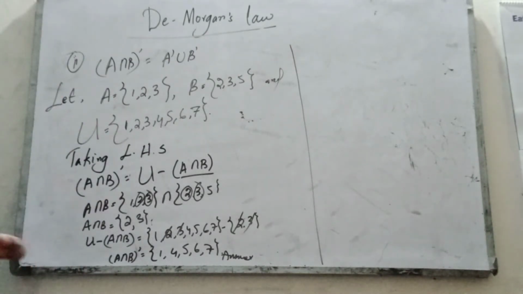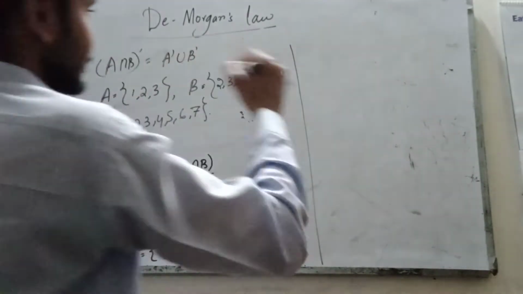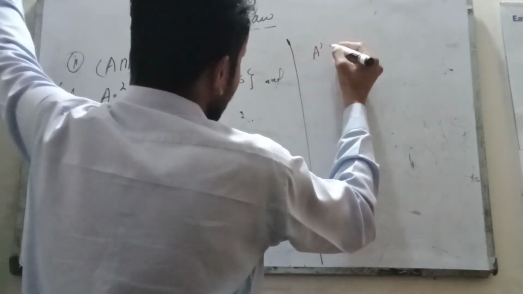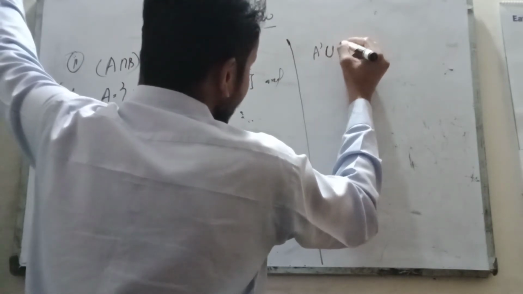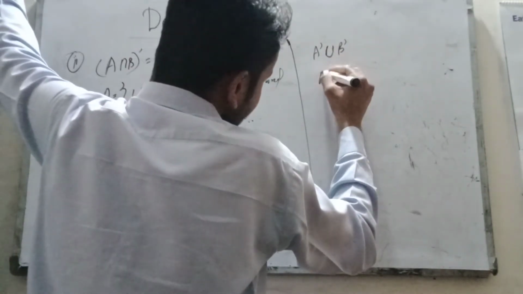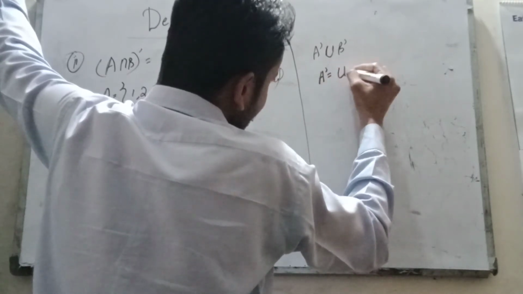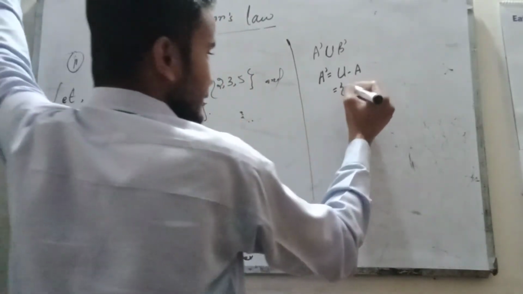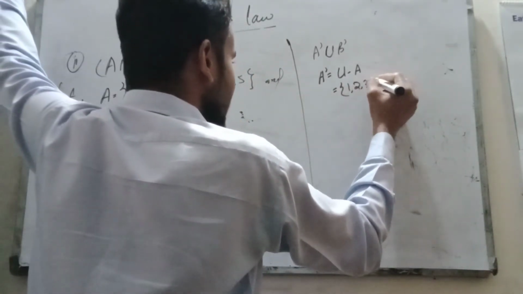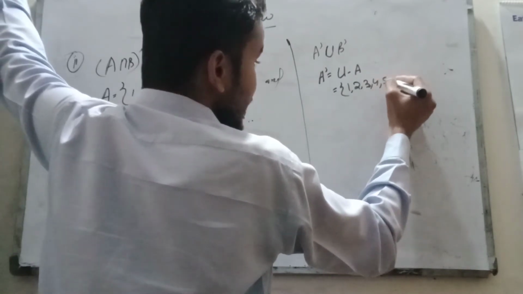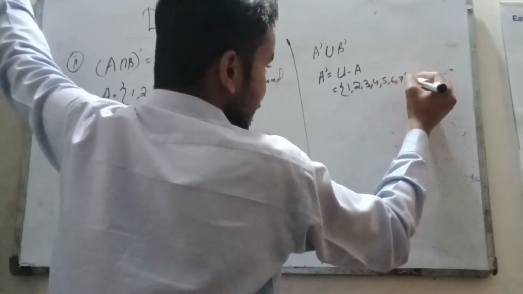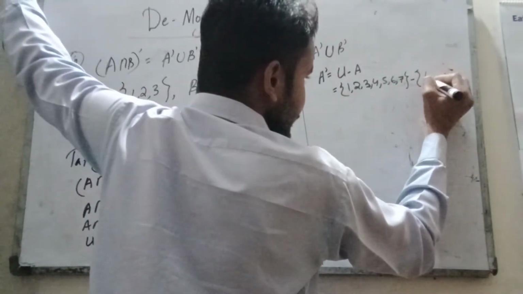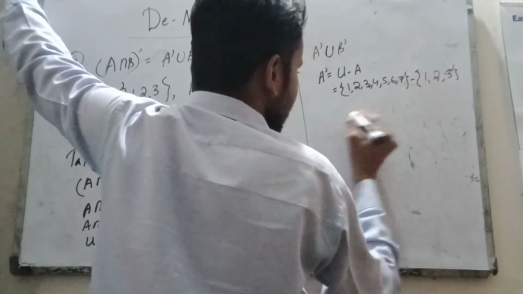Now we are going to the right hand side and just proving whether this law is right or not. So A complement union B complement, first find A complement. A complement is equal to universal minus A. So what is the universal set? 1 2 3 4 5 6 7 minus, what is the set A? 1 2 and 3.